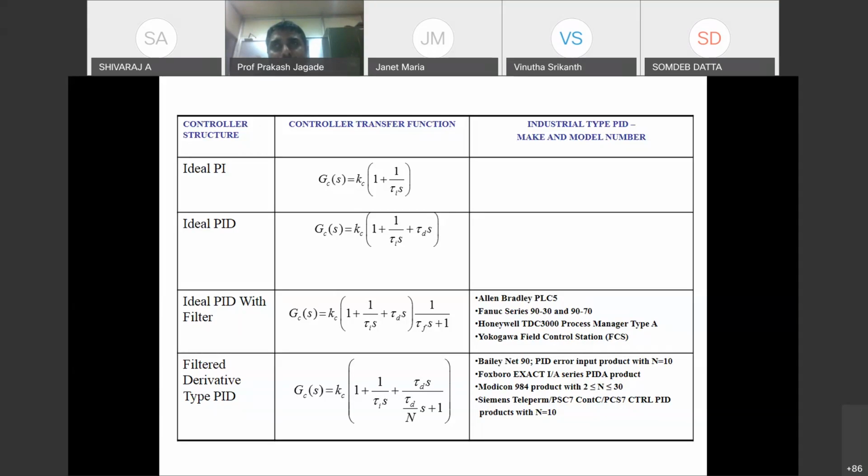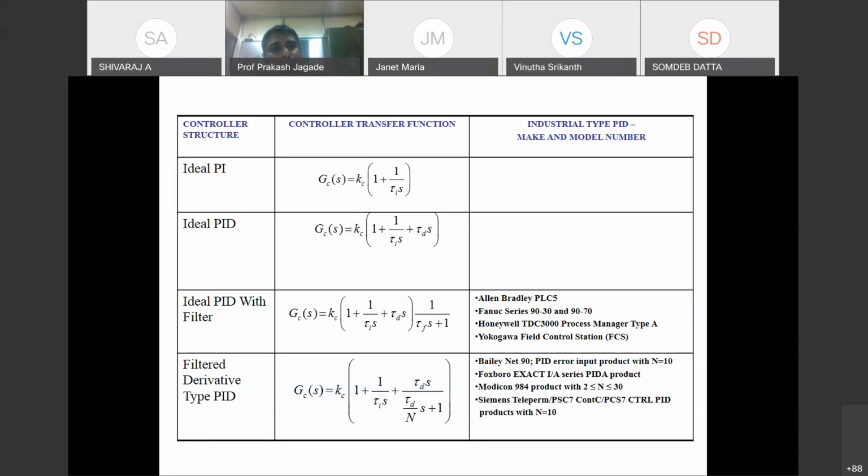The degree of the denominator polynomial is 1, whereas the degree of the numerator polynomial is 2. As a result, this transfer function is not physically realizable. So the ideal PID controller transfer function is not physically realizable. That's what I wanted to highlight. And as a result, to make it physically realizable, many variations have been introduced in the control literature.